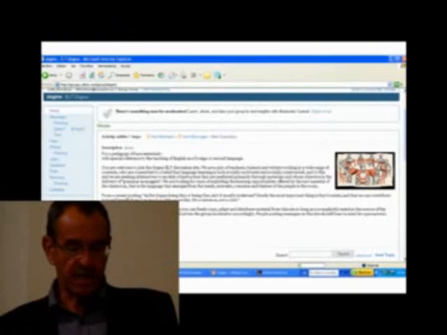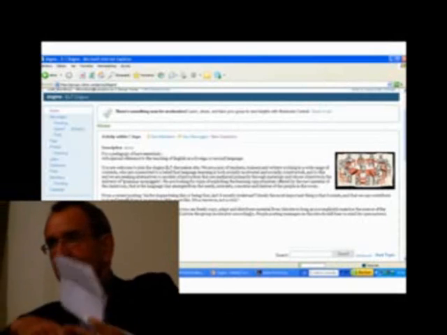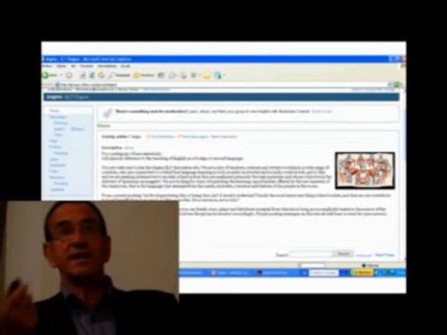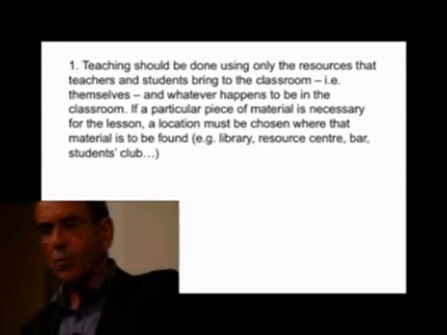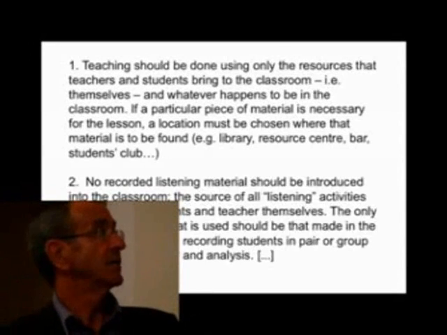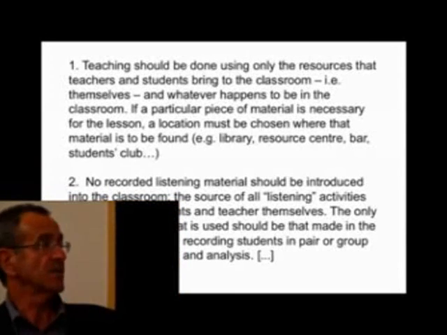And a manifesto was written, in a sense, to replicate the sentiment or the rhetoric of the original filmmakers' manifesto, which suggested that teaching would work best if you just use the materials that are available in the here and now. So teaching should be done using only the resources the teachers and students bring to the classroom, and so on.